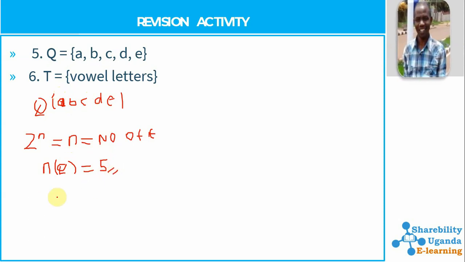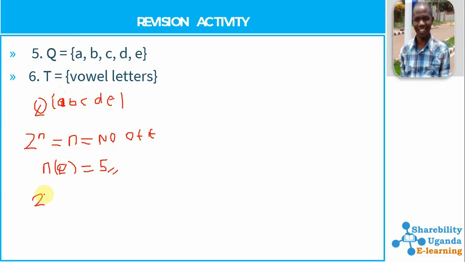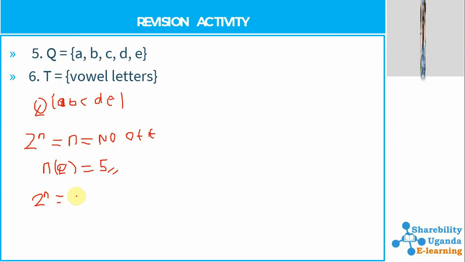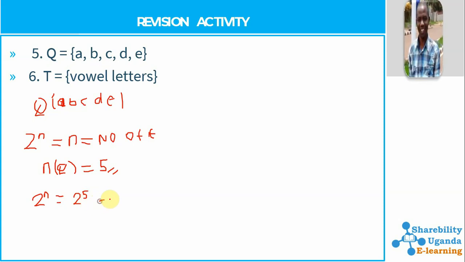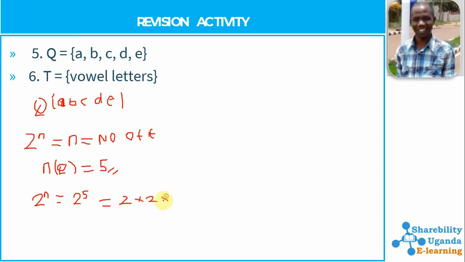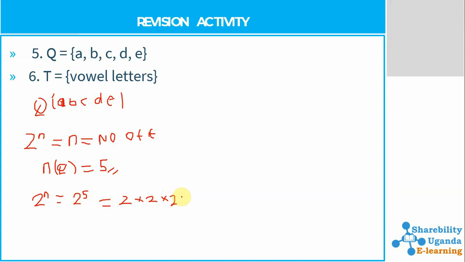Now that we know the number of elements, we can state our formula, which is 2 to the power n, where n is the number of elements. That means 2 to the power n is the same as 2 to the power 5. Our 2 to the power 5 is equal to 2 times 2, 5 times.